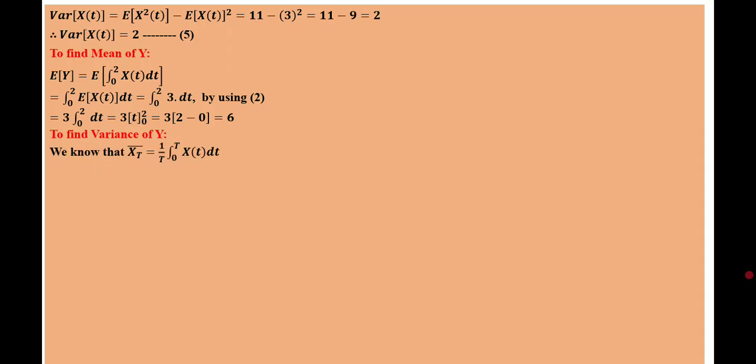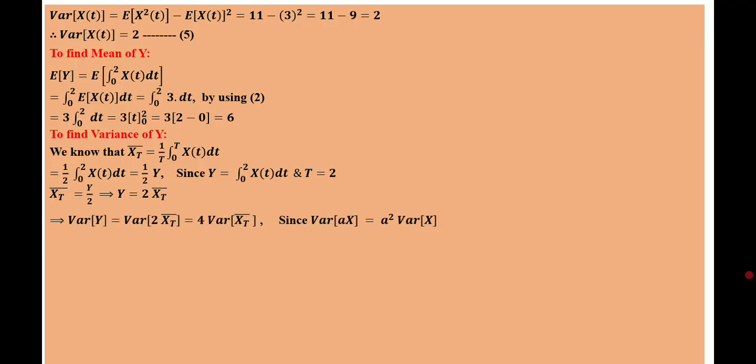We know x bar, the time average mean, is equal to 1 by T integral 0 to T x of t dt. That is equal to 1 by 2 integral 0 to 2 x of t dt. But integral 0 to 2 x of t dt is nothing but y. So x bar of t is y by 2, therefore y is equal to 2 x bar of t, that is the mean.